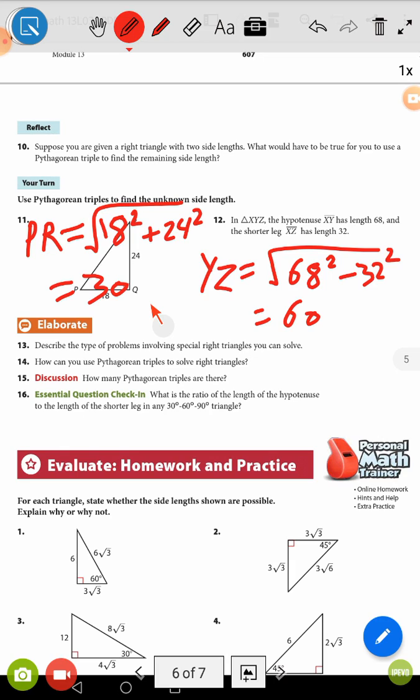Okay. Again, if you want to graph the triangle to make it easy for you, the hypotenuse XY is 68, and that is Z, and he told me that XZ is 32. So how to find YZ? It's using that rule. And thank you, that is it.